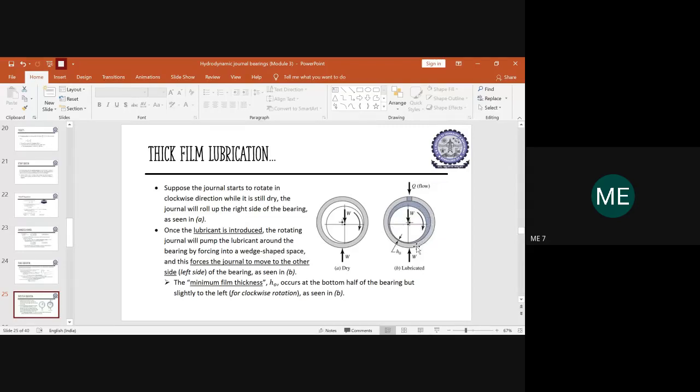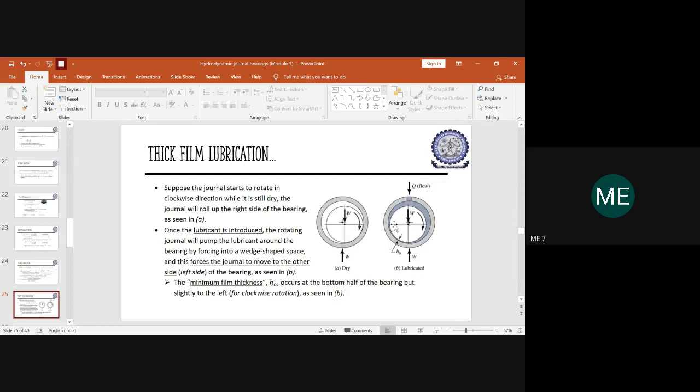So it will be well stabilized with a film of lubricant around, and as a result it will be forced to move towards your left, but still it moves in the clockwise direction. At that condition it forms a wedge shaped space, so the space formed between the journal and the bearing will be wedge shaped, and hence it will move slightly towards your left.